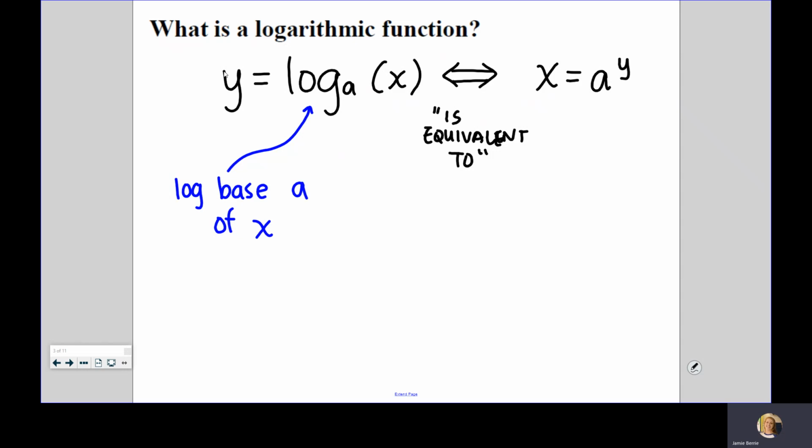The equation on the left is called logarithmic form, and the equation on the right is called exponential form. Those two equations are equivalent, which means we can interchange them.